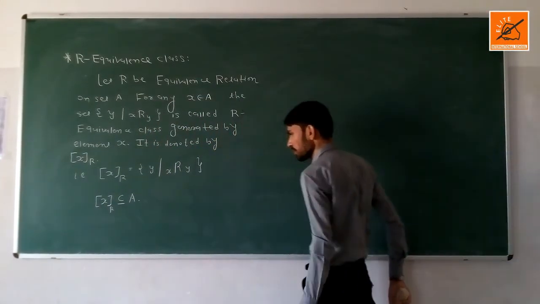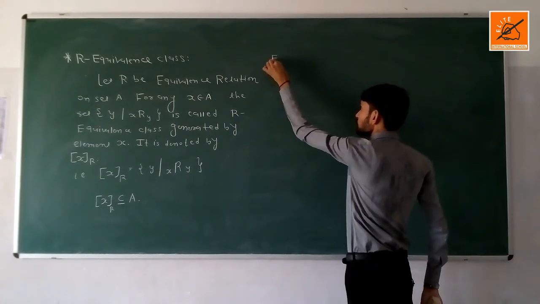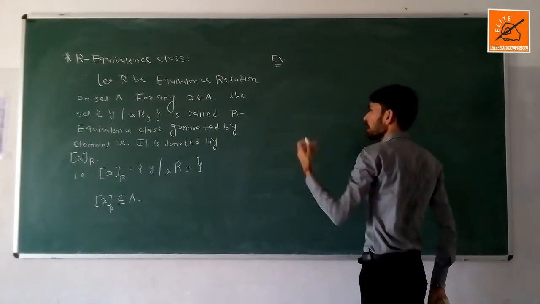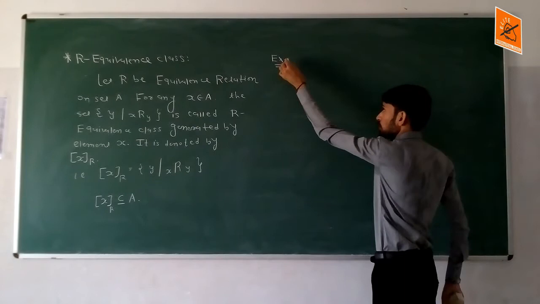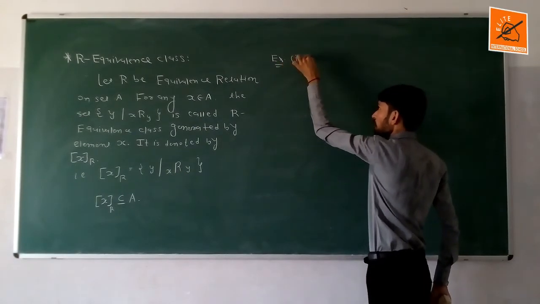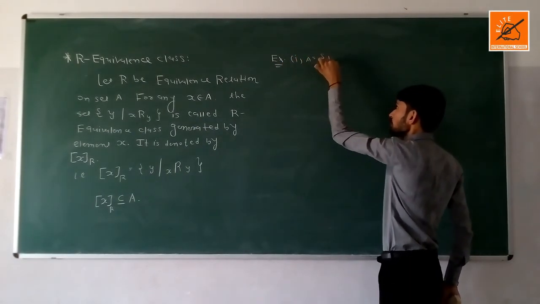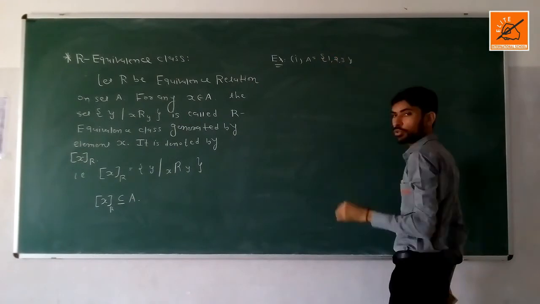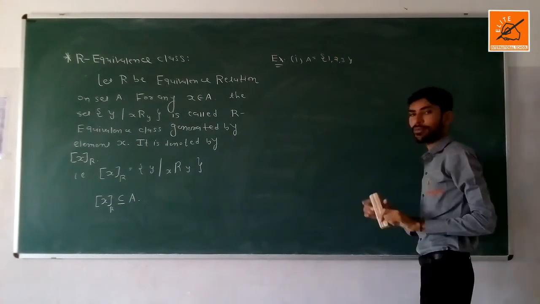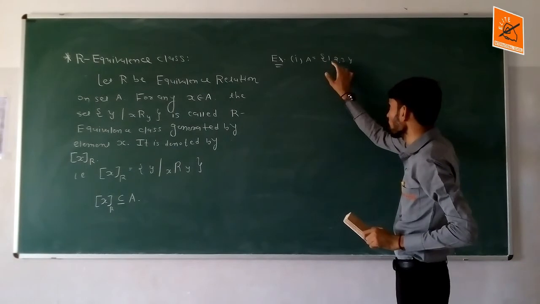Now we see examples. Consider the first example. A is equal to {1, 2, 3}. So here we find the equivalence classes generated by 1, 2 and 3.